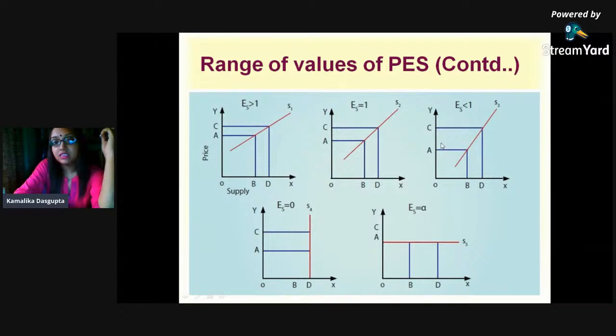If the price increases by a greater extent, then the quantity supplied increases by a lesser extent. Price is always measured on the vertical axis and supply is measured on the horizontal axis. That's why we can see the curve S3 is relatively steeper. That indicates inelastic supply.